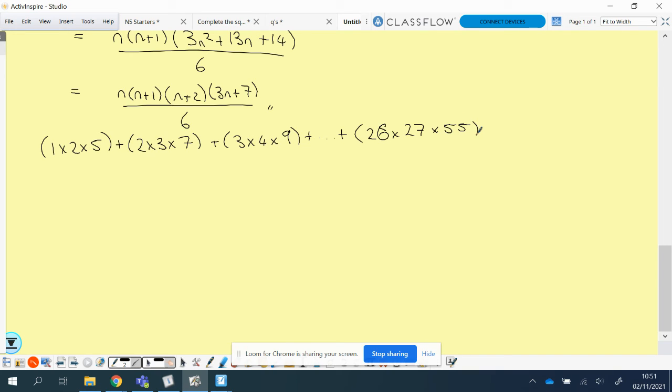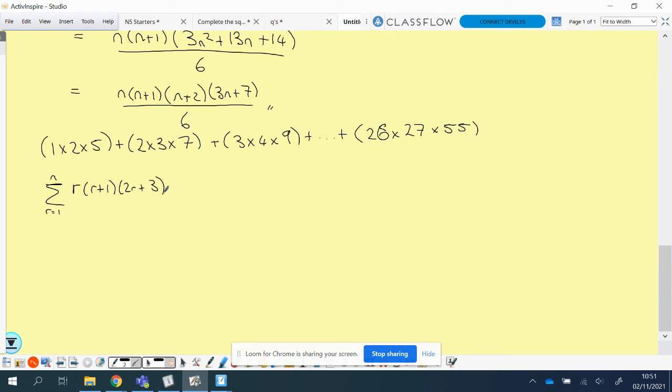Now that was a lot like our question, because what our question was, to start off with, was the sum as r starts at 1 up to n of r bracket r plus 1 to r plus 3.